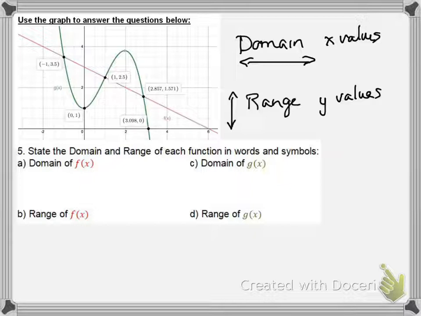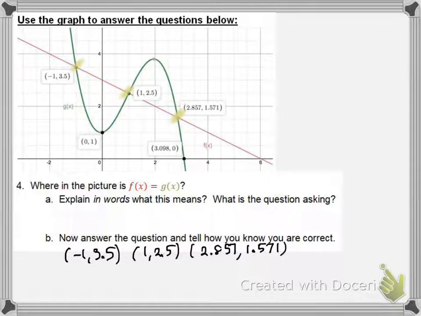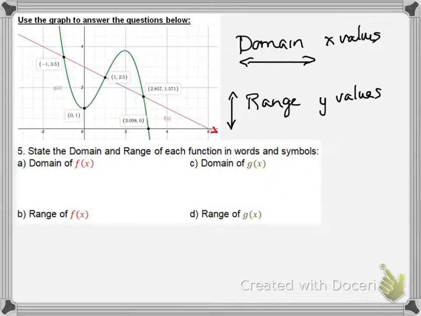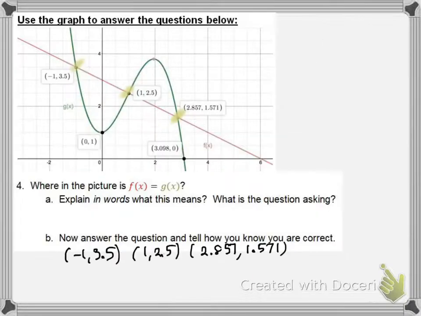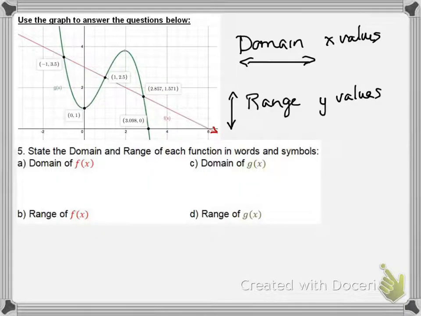So start with a straight line, the f of x, because f of x is easier. The domain would be the x values. It goes this way and this way. We're assuming that it goes forever in both directions. Every time I try to write close to the edge of my graph, I end up hitting an arrow.